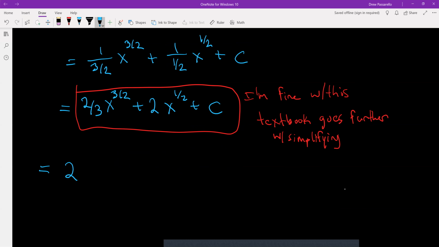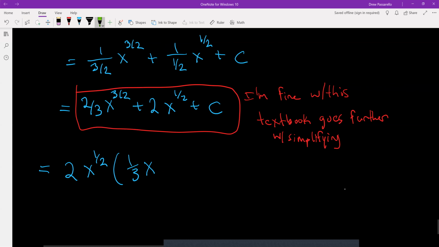They factored out a 2, and they also factored out x to the 1/2, since it has the smallest exponent. And what does that give me? So you take away 2 from 2/3, that's going to be 1/3. And then x, and you take away 1/2 from 3/2, so you do 3/2 minus 1/2.